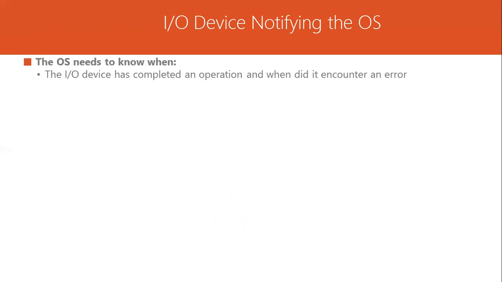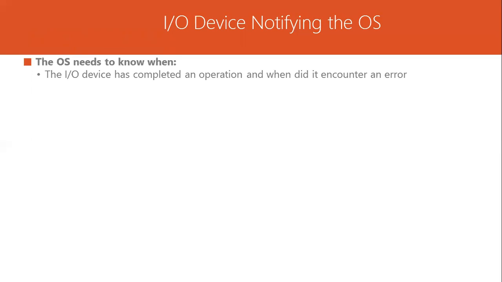So the operating system has issued a command to the IO device either via a special instruction or by writing to a location in the IO address space. And the operating system needs to be notified when the IO device has completed an operation, or when it encountered an error.